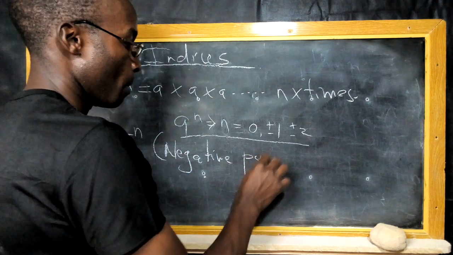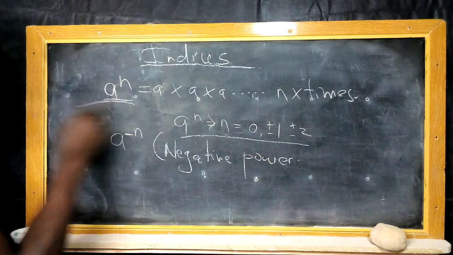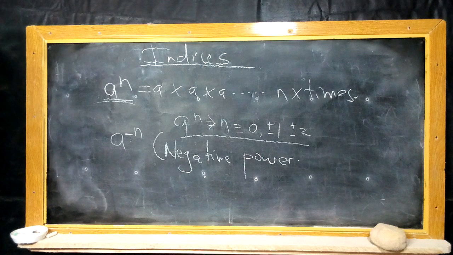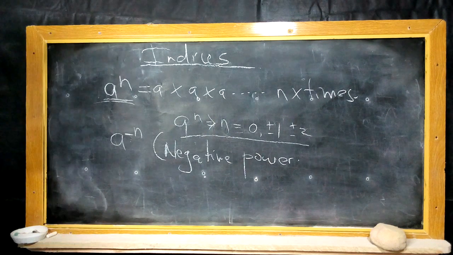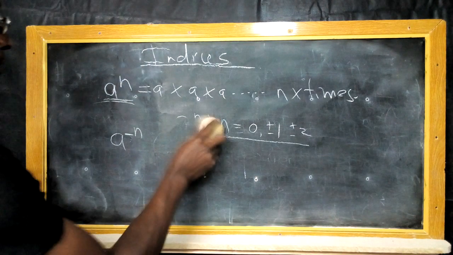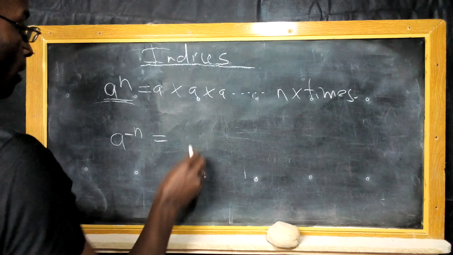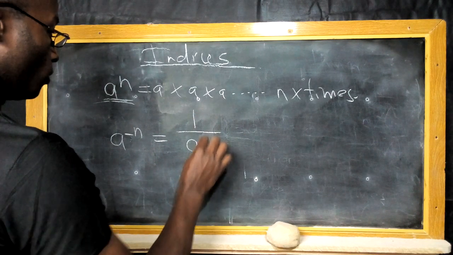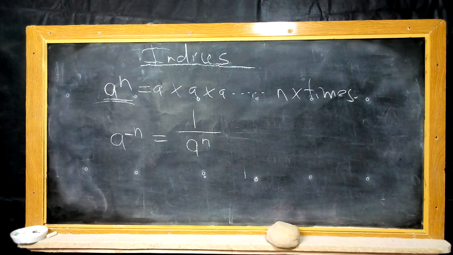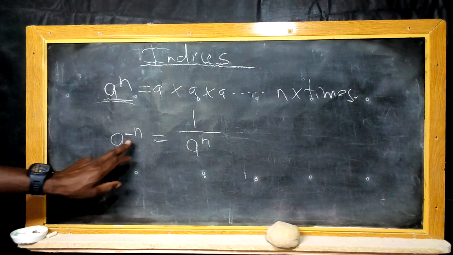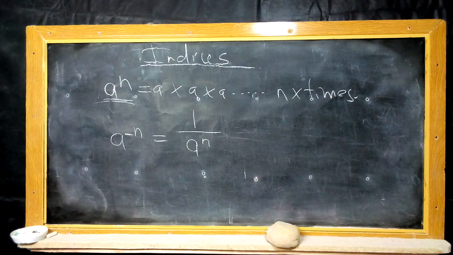Conversely, this one will be referred to as a positive power that does not contain a negative sign. Now there's a special way in which we can represent this. Whenever a number has a negative power, it can be written in the form of a fraction as 1 over a raised to power n, and the negative sign disappears. So in that case, a raised to negative n is equal to 1 over a raised to n.